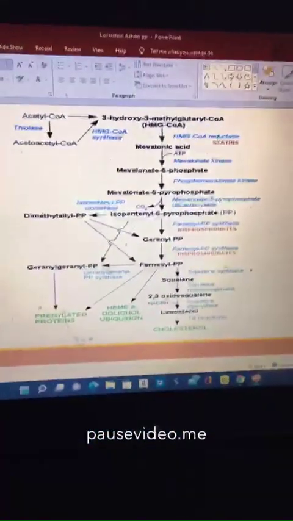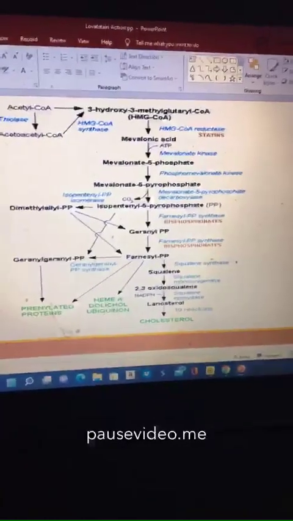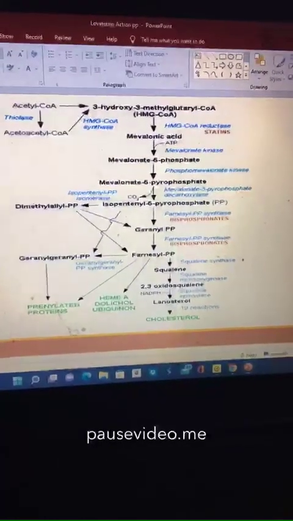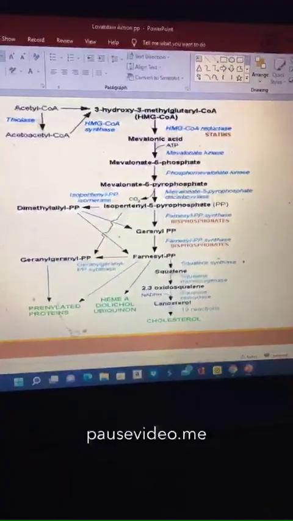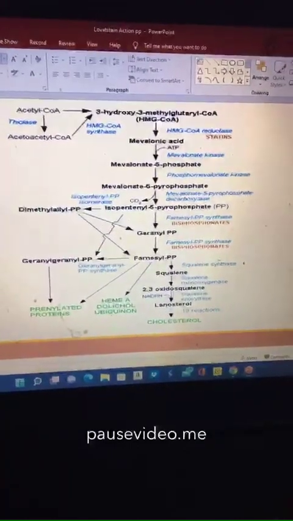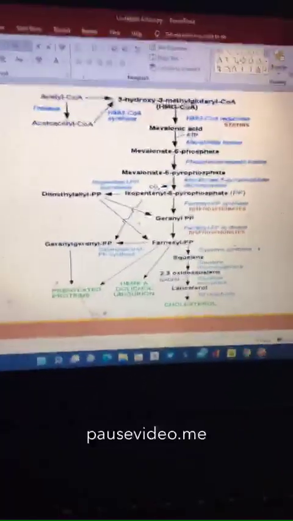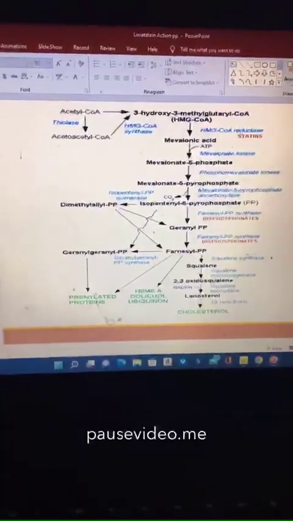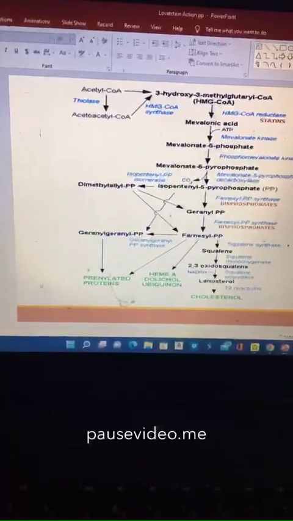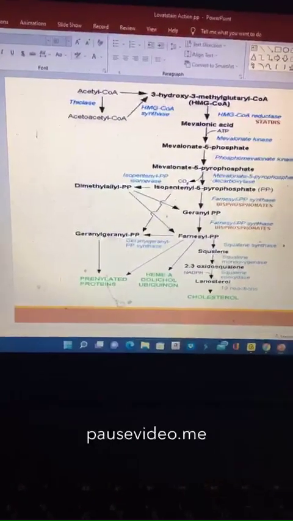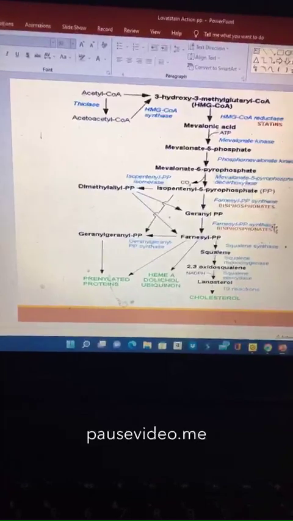So this is a much more involved step here. And this shows the various enzymes that are ultimately involved in the production of cholesterol. I'm not going to go through all of these, but you can see that there are a number of kinases and synthases.